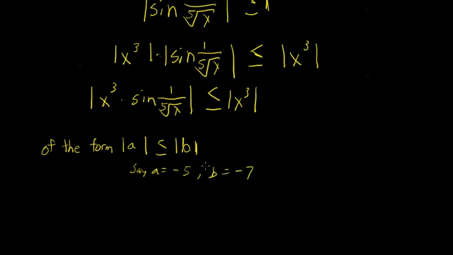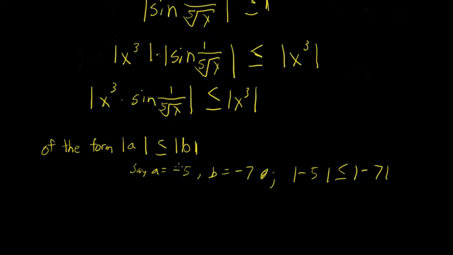We just have to pick A and B such that the distance from 0 on the number line of A is less than the distance from 0 on the number line of B, because absolute value is just the distance from 0 on the number line. So the absolute value of -5 is indeed less than or equal to the absolute value of -7.